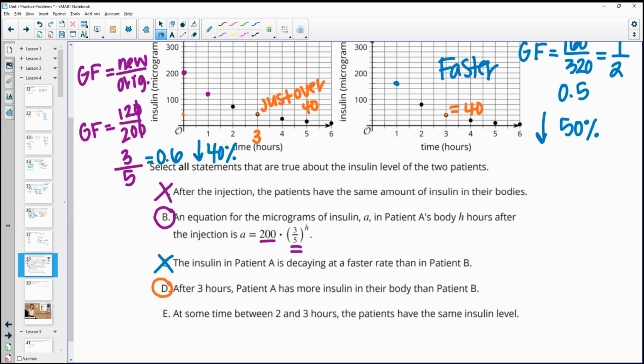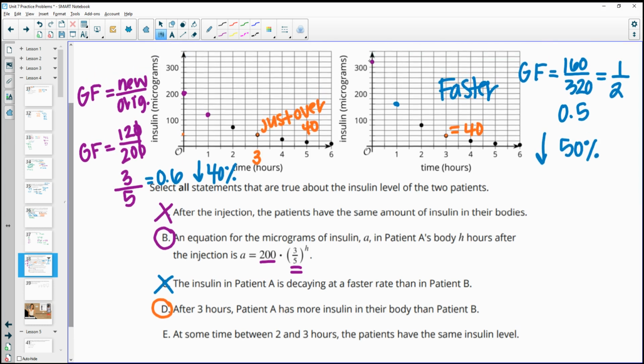And then E says sometime between 2 and 3 hours, the patients have the same amount of insulin. So for this, patient B had been higher than patient A this whole time because patient B started with more. And now it's at 40, where this one is just over 40.